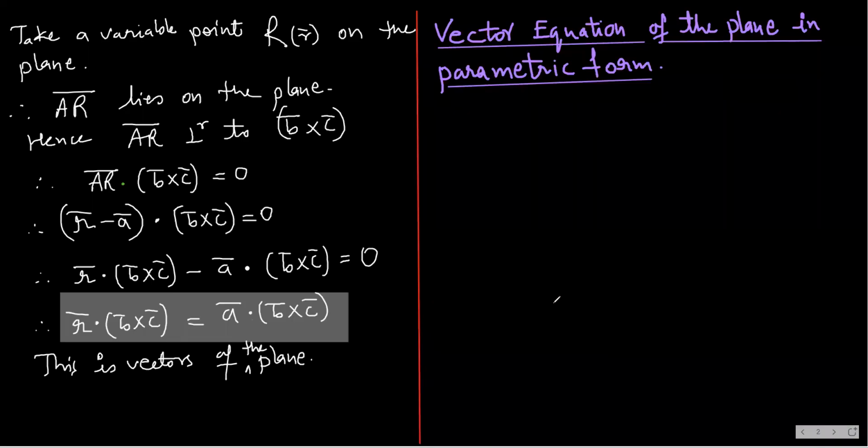Now the next part we are going to take is, you see the heading here, I have written vector equation of the plane in parametric form. Okay, so nothing to worry. This is the vector equation of the plane in parametric form, which is related to what you did just now.